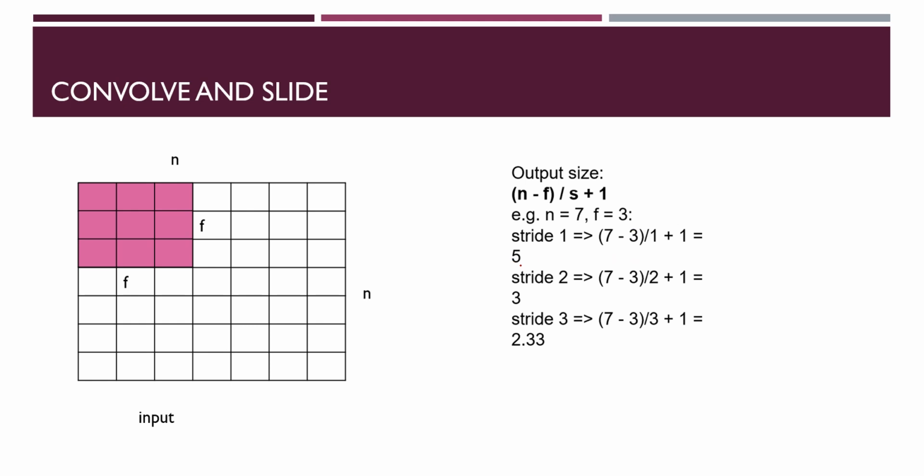So the resultant will be 5 by 5. This particular example we have already seen. When the stride is 2, the output that we get will be 3 by 3. And when the stride is 3, it is not possible, because you're not getting a whole number here. So that is the generic formula. This formula is very important for computing the output after applying convolution.